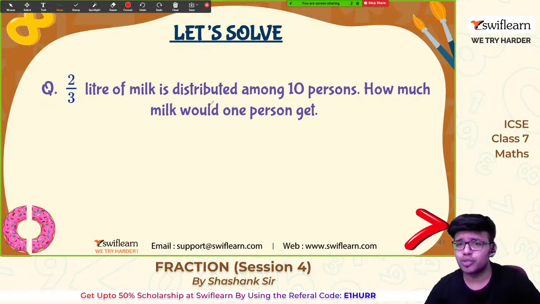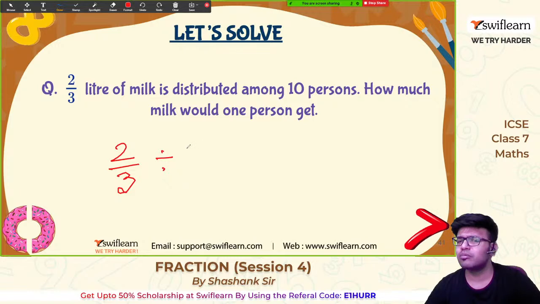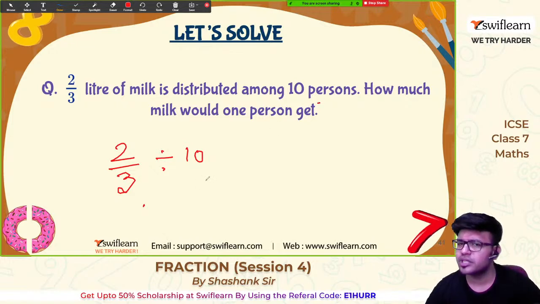2/3 liter of milk is distributed among 10 persons. So how much milk would one person get? So 2 by 3 divided by 10. That's all. 2/3 liter is there. Distribute among 10. Distribute means divide. How to divide this?